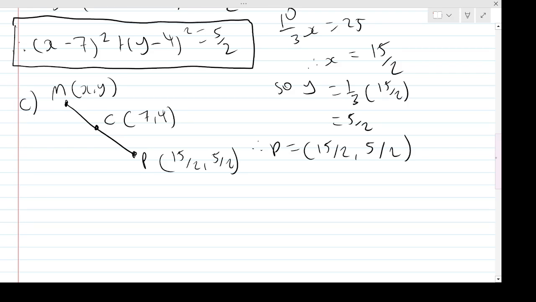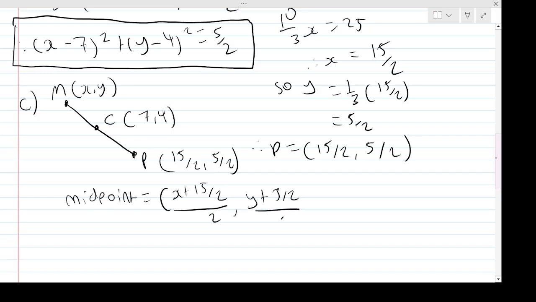So if we do the midpoint between M and P, we add the x values, x plus 15/2, over 2, and then y plus 5/2, over 2. Obviously (x, y) is a general coordinate because that's what I want to work out. I know that has to equal the centre, the midpoint of that line, because it's a diameter, which is (7, 4).